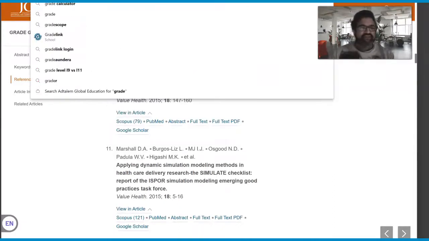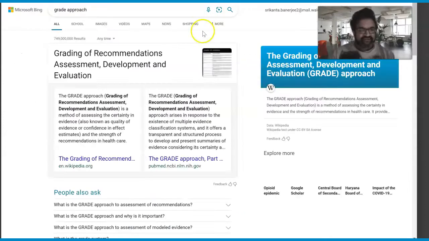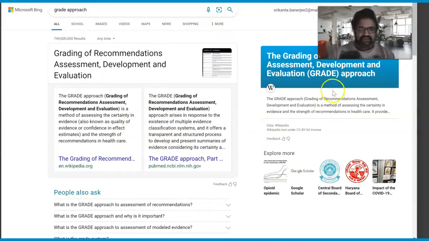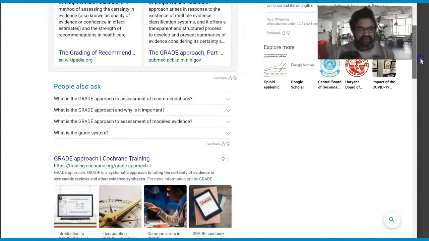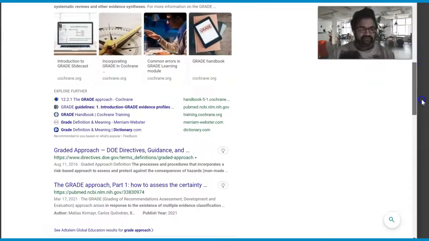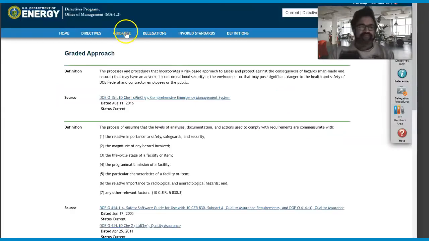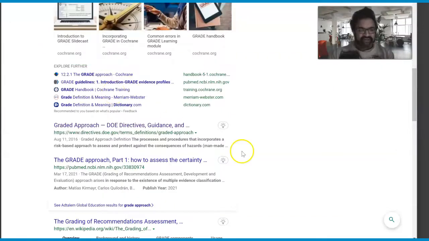And then the GRADE approach itself is provided here. In fact, it's used by the government as well. Theirs is called a graded approach, which is a bit different.